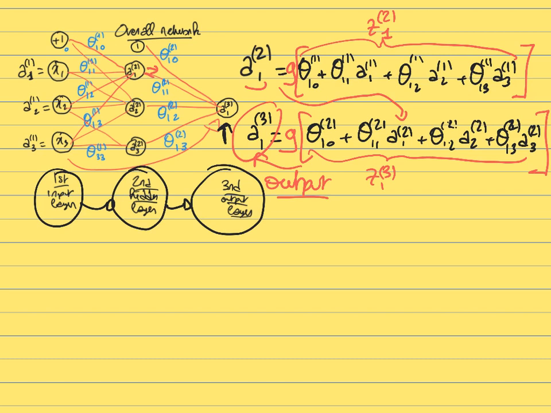So altogether, at the end, the output of the model is just a very complex function of each of the starting inputs. It's just going to be a very complex function of the initial features.